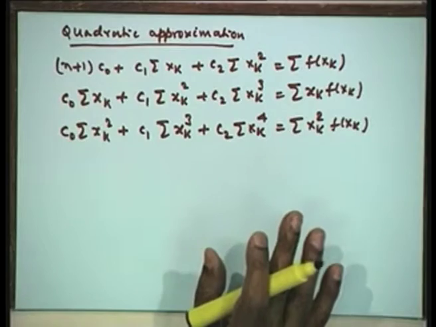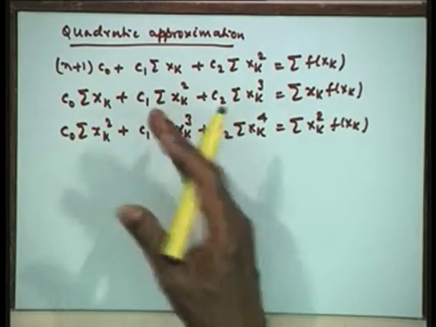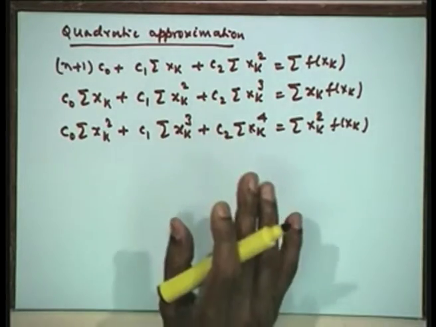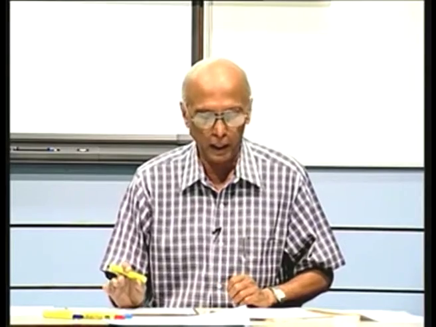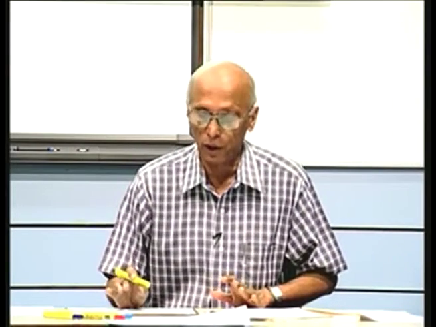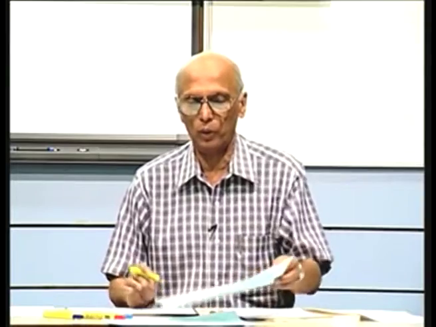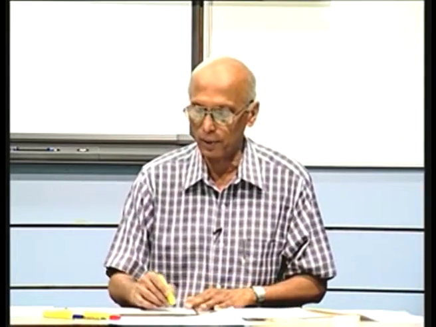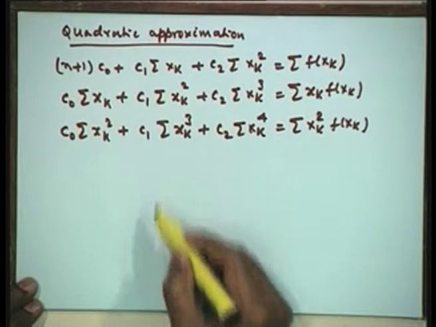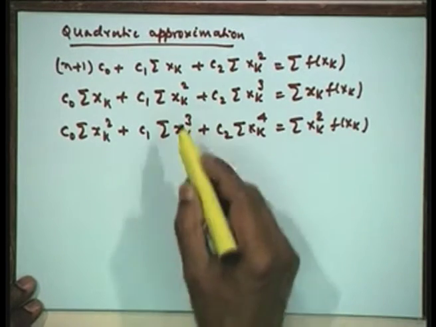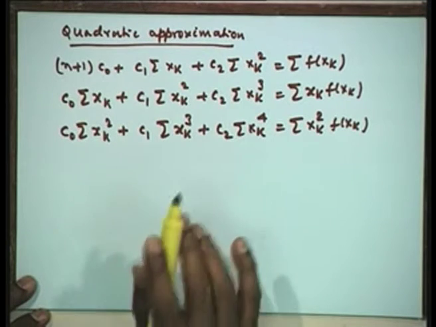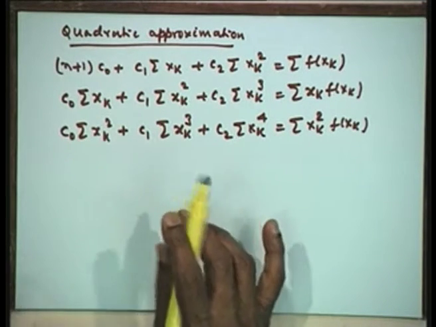Now, we can normally go up to cubic or a fourth degree approximation or any approximation. However, the one disadvantage of the polynomial approximation is that when you take this system of equations for a very large n, the system of equations becomes ill conditioned.